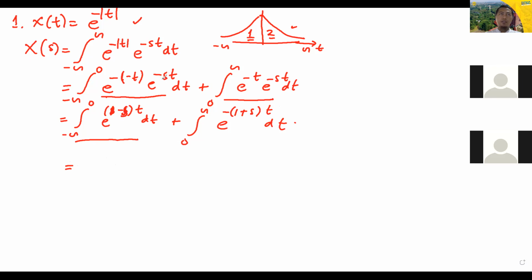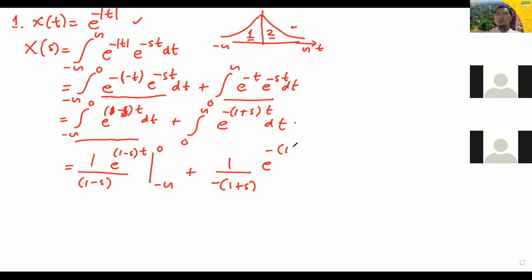If you can see, the s contributes to the negative part. Okay, in this case, we can integrate using simple integration. 1 minus s, and this is 1 minus s t. This is 0. And also this one also minus s. This is a minus plus s, yeah.